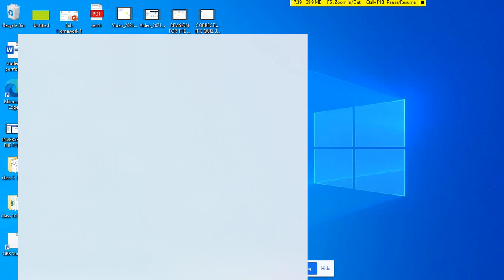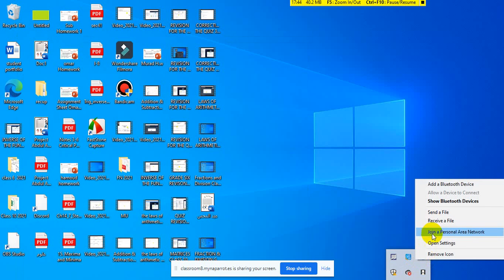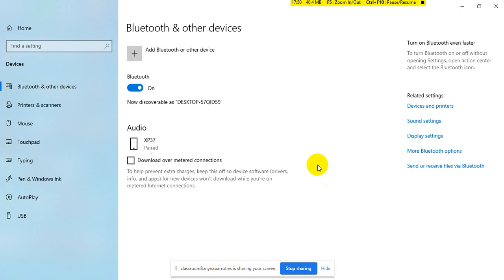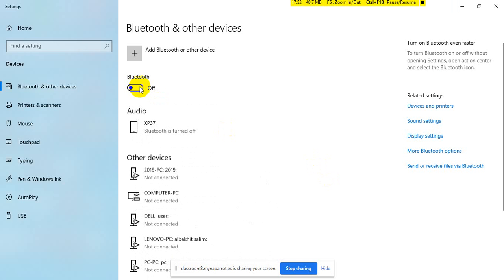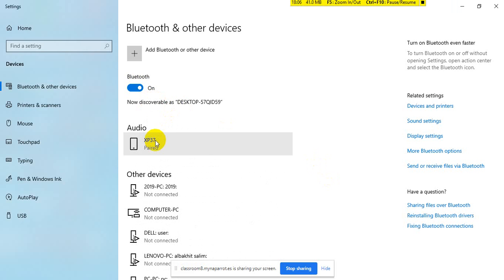Okay, Bluetooth. Open setting. The Bluetooth device is ready to pair.